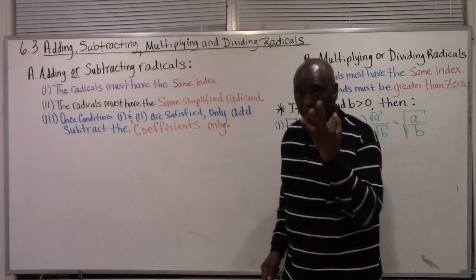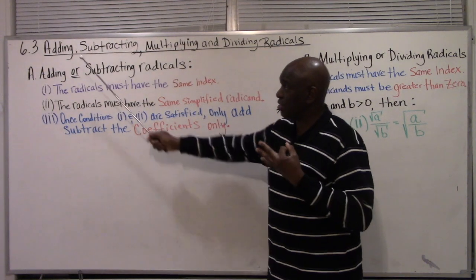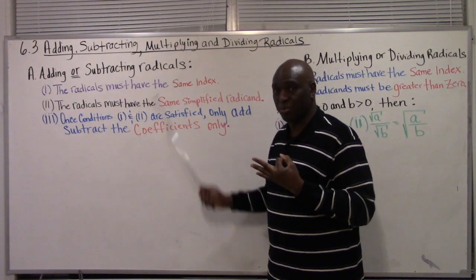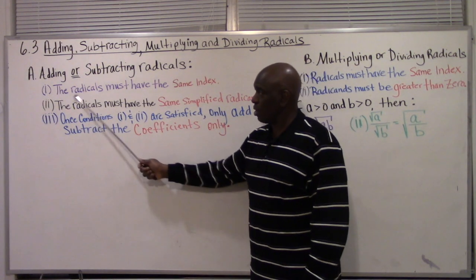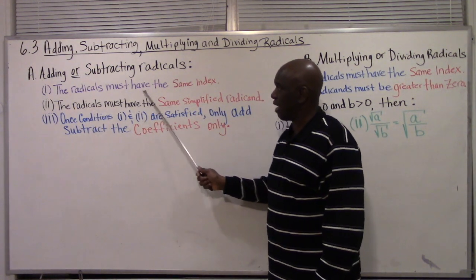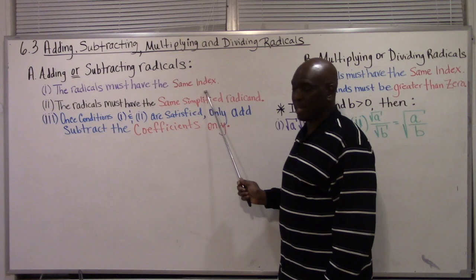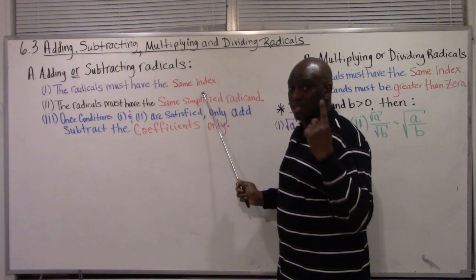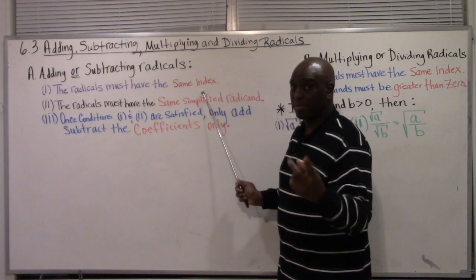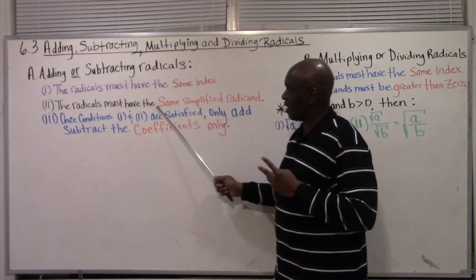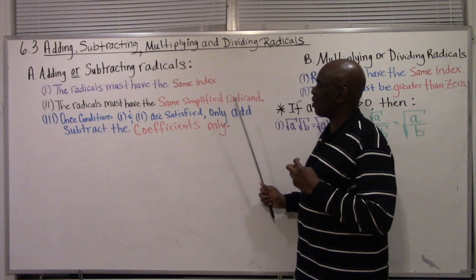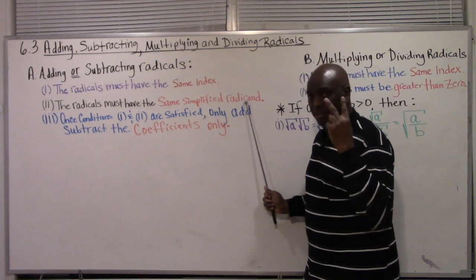So here are the three conditions. If you're going to add or subtract radicals, there are three conditions. The first one, the radicals must have the same index. Condition 1, same index. Condition 2, the radicals must have the same simplified radicand.